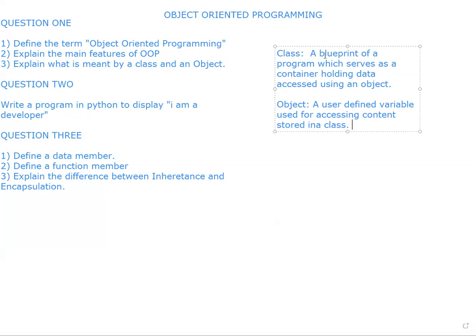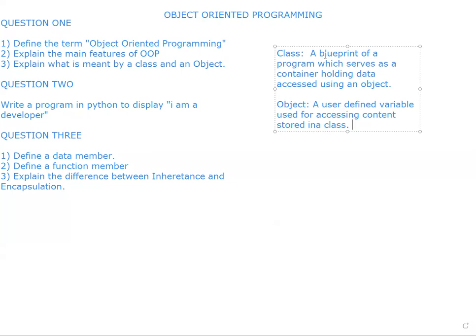So a class is just a container which holds different types of data. But that class cannot be accessed without an object, because an object is a key used for accessing class data. Without an object, you cannot access anything that is stored in a class.